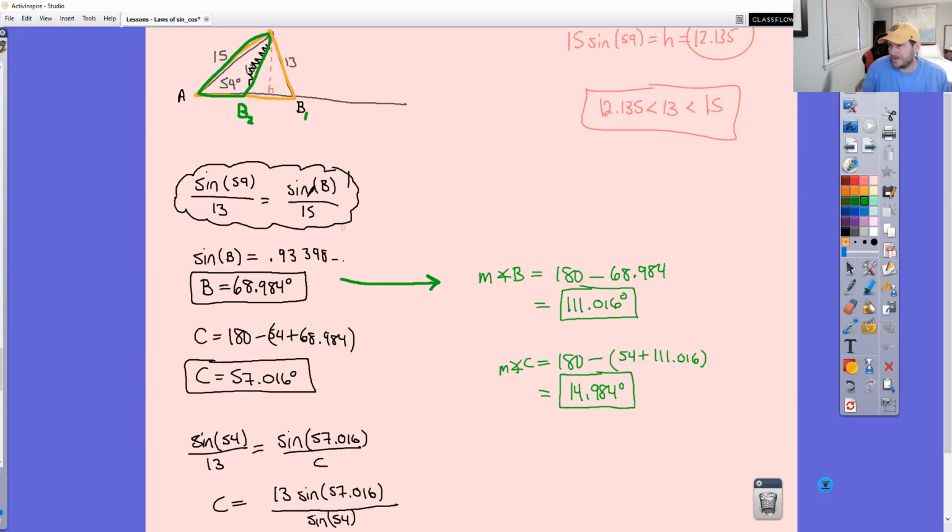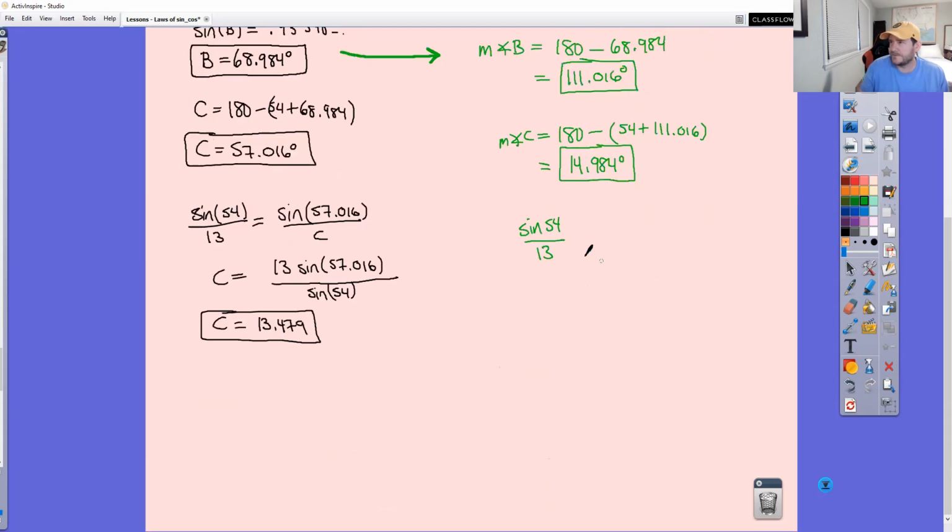And then to find side C, we're going to set up another sine ratio. So we're still going to use the sine 54 over 13. Although it can go the other way. If for some reason you guys wanted to flip these and do the side in the numerator, you could. Now we're looking for side C. So you know that in the numerator, you'll just be doing the sine of angle C that you just found, 14.984.